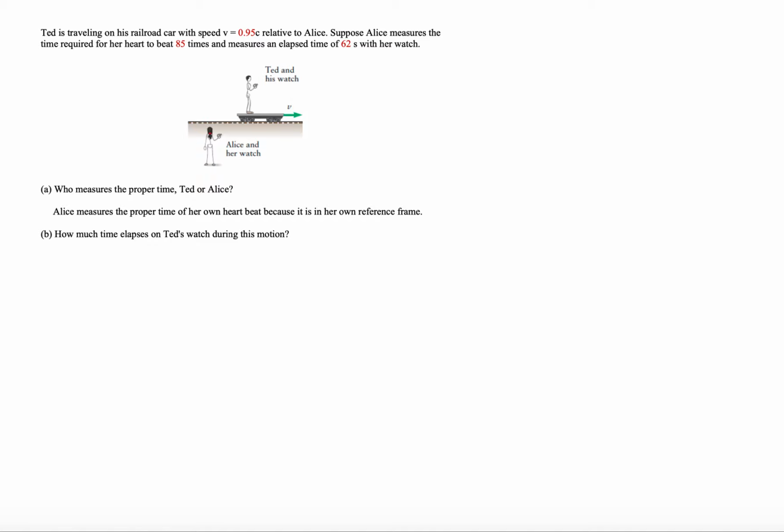So yeah, last time I gave a couple examples about the difference between proper time and dilated time when it came to relativity, right? So we use the symbol T or T0 to represent proper time, and then we use the symbol T prime to represent a dilated time.